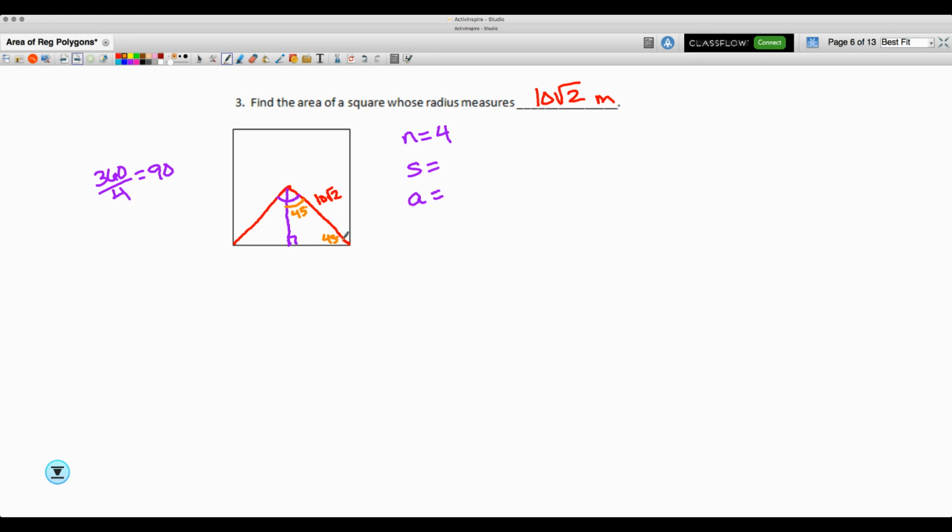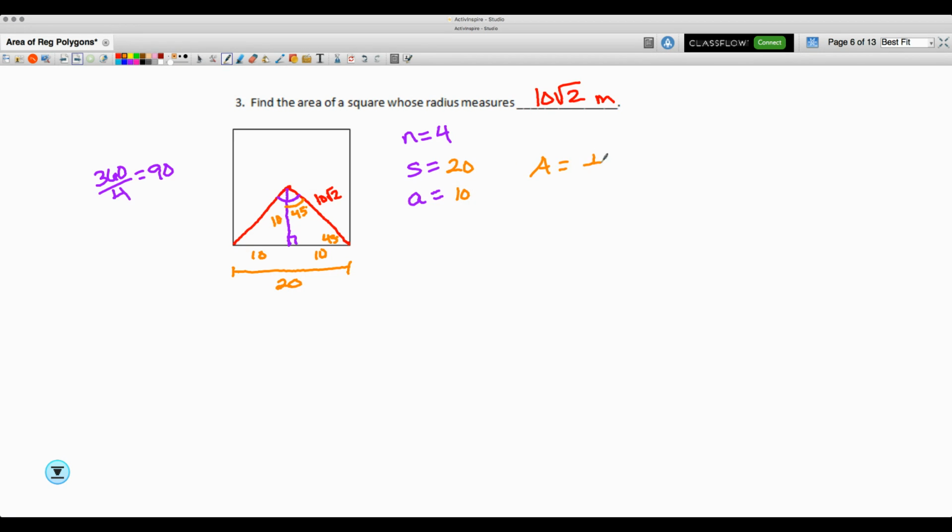So if the hypotenuse is 10 square root of 2, they give you 45, 45, 90 rules. How do you go from hypotenuse to leg? Well, that's going to be 10, and that's going to be 10, because you would divide that by square root of 2. So if that's 10, this is 10, so what's the whole side length? 20. So I know my side is 20, my apothem is 10.